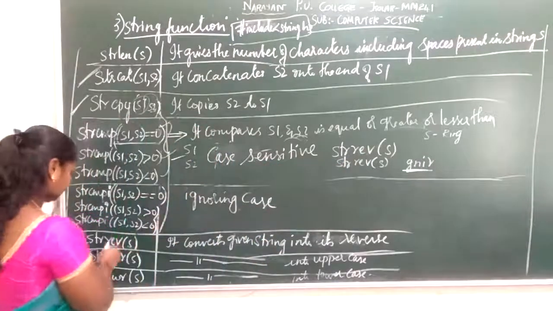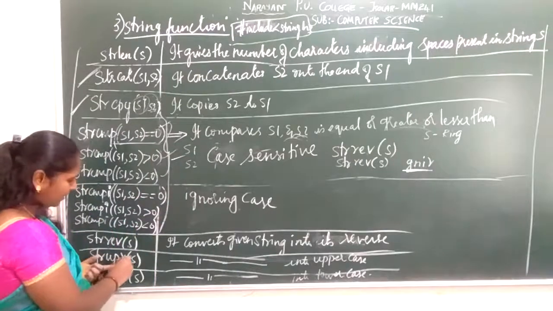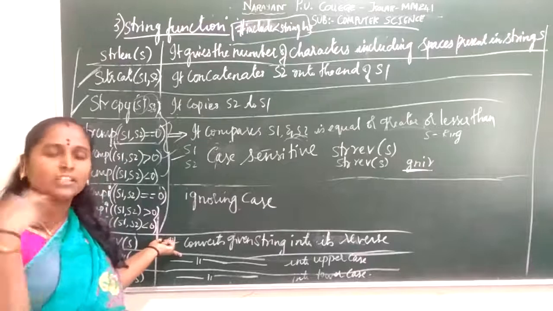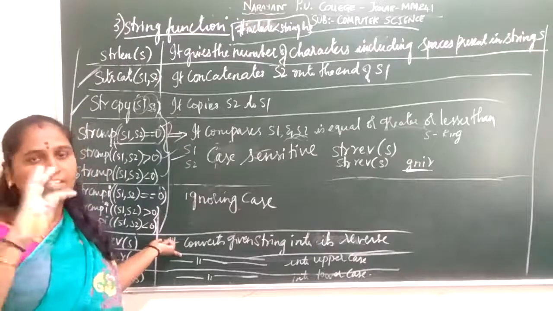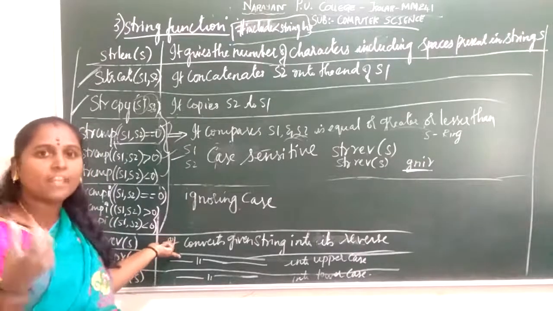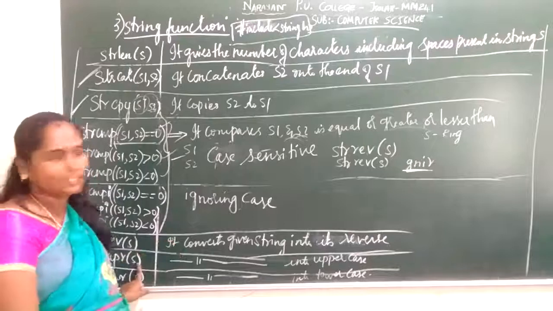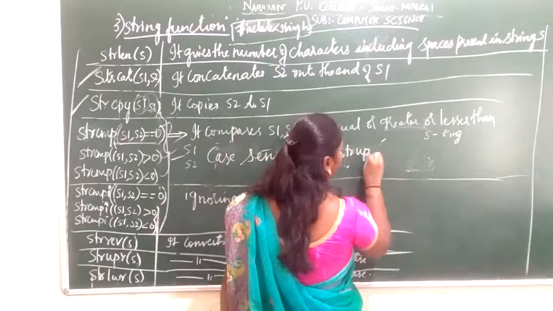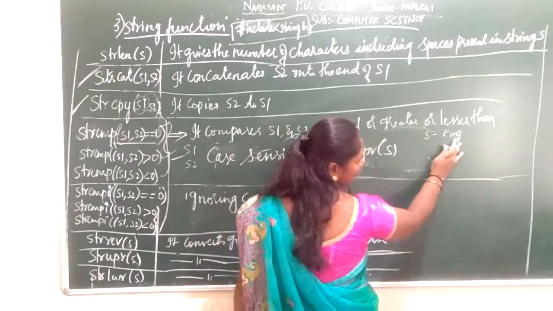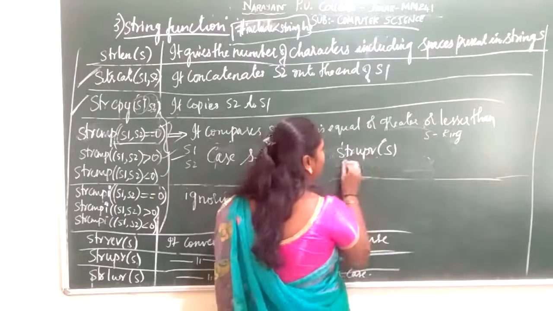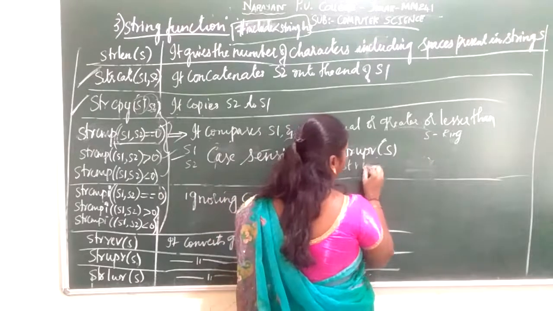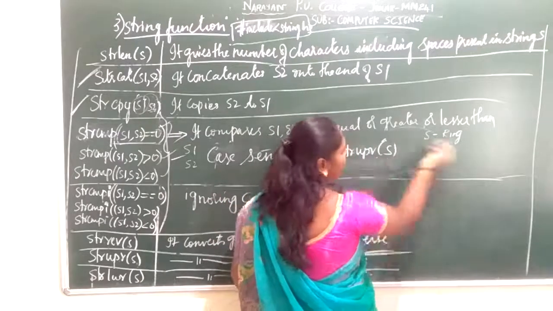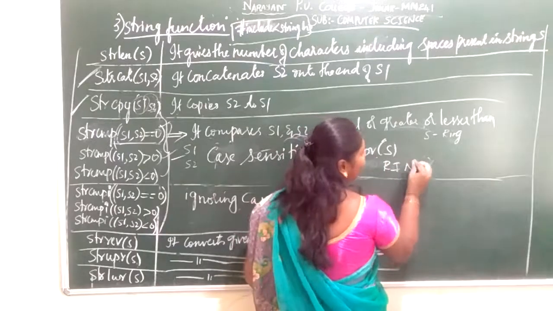Next you have string upper. It converts a given string. If it is given in any case, lower case and upper case mixed together, everything will be converted to upper case. Suppose we consider strupr of S. S is ring, so it will be done in upper case, meaning everything will be converted into RING.